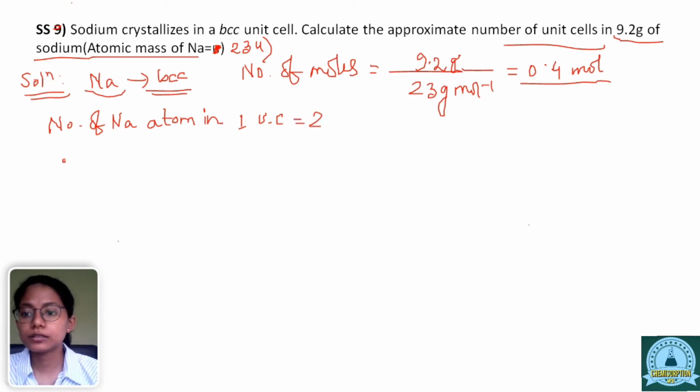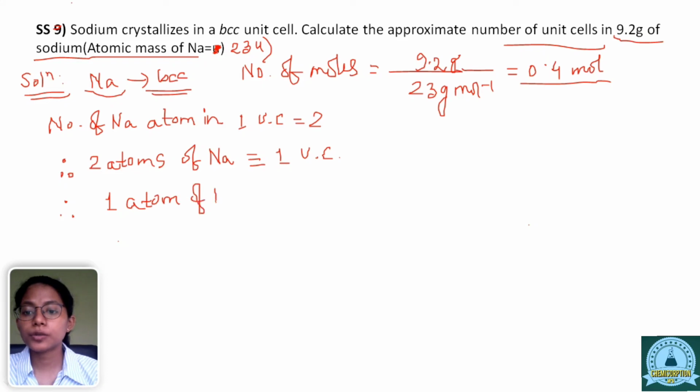It means therefore 2 atoms of sodium is equivalent to 1 unit cell. Therefore 1 atom of sodium is equivalent to how much? Half unit cell. So I am using the unitary method, the basic method.